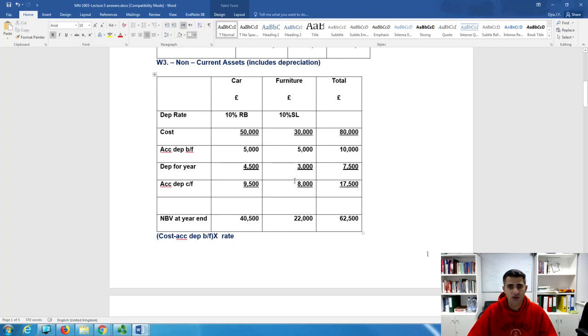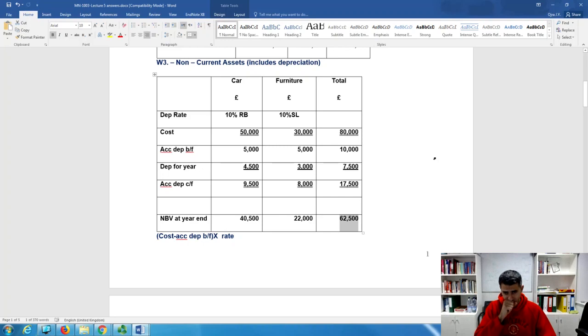Here we go. So in order to calculate the carried forward accumulated depreciation, we said that you add these together, right? And the net book value is the cost minus the accumulated depreciation, which equals 22,000. So this is the way we do it. So don't forget the total at the end: 62,500.